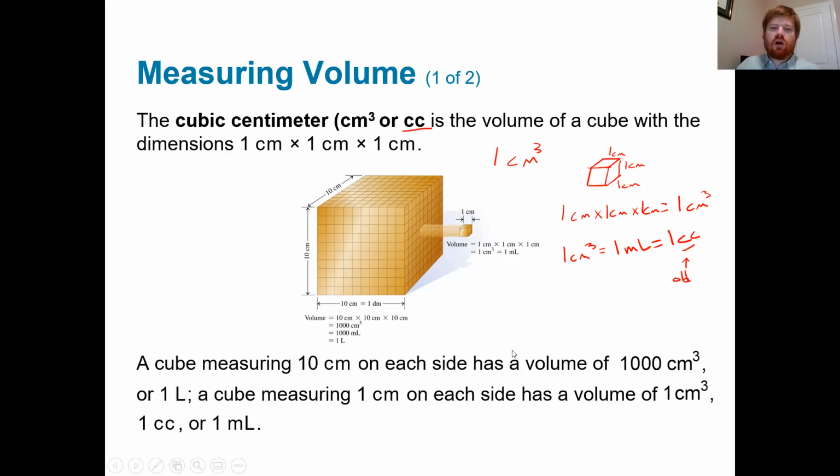Yeah, so that's pretty cool. Oh, and as a result of this, if you have a 10 centimeter by 10 centimeter by 10 centimeter cube, so that's 10 centimeters cubed, that would be 1000 centimeters cubed, and we know that that is equal to 1000 milliliters, which we know equals 1 liter.